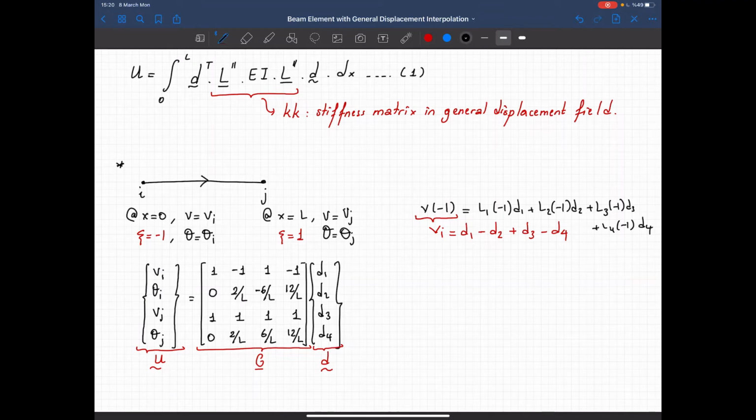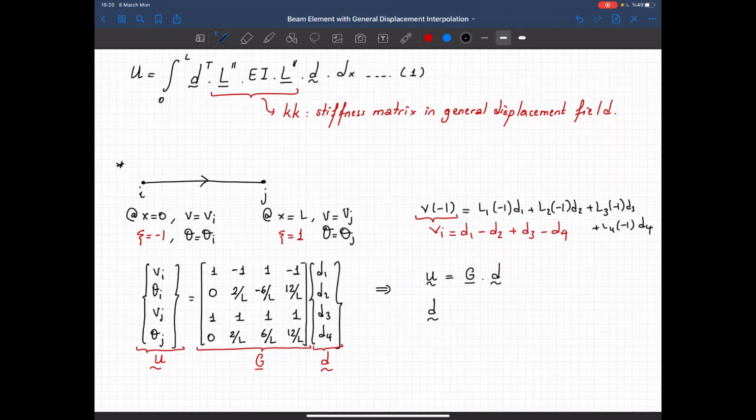So in that, let's write everything in matrix form. U is equal to G times D. So if I know what D1, D2, D3 and D4 is, I can directly calculate the nodal displacement by using this transformation, this G matrix. And I can do the reverse.